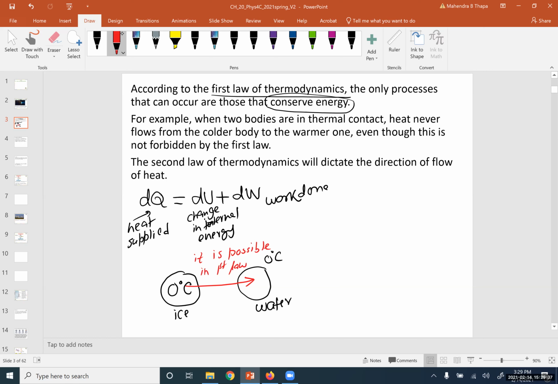But if we consider the second law, the second law basically tells us that this is not possible.